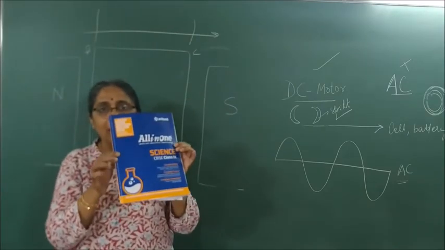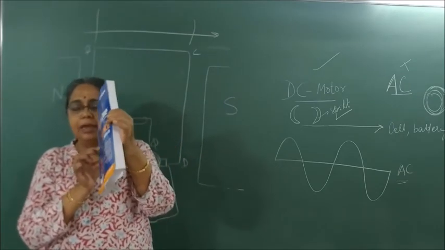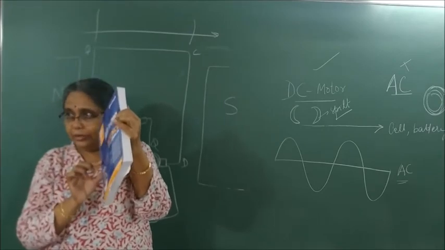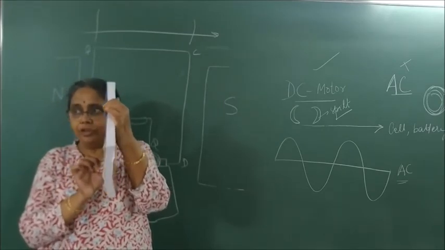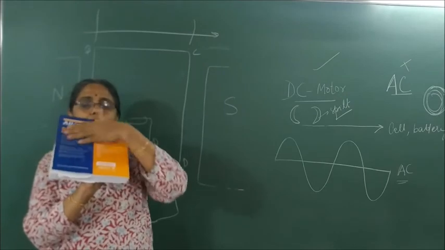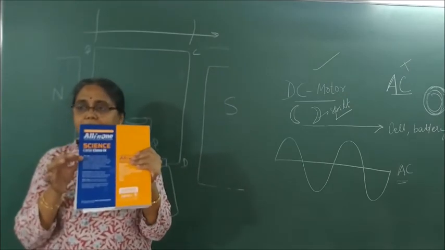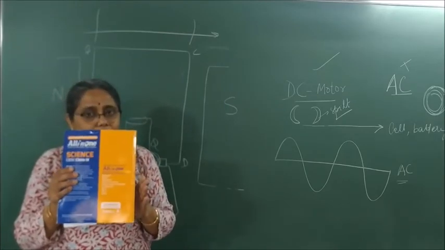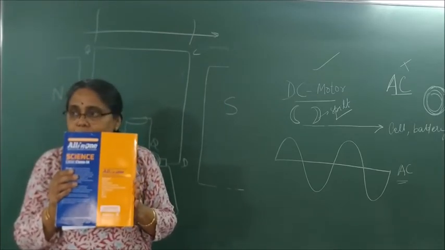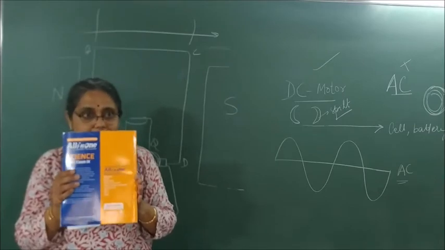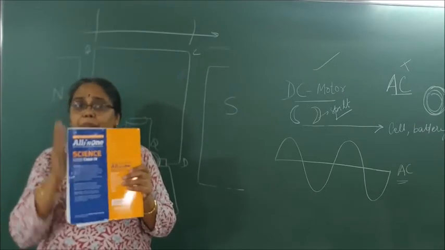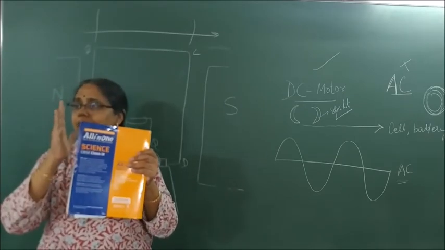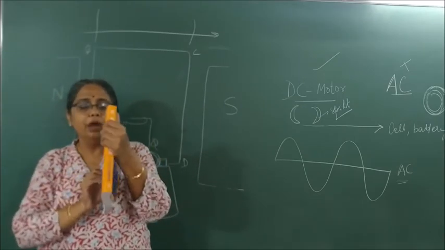So now the arm CD goes up and the arm AB comes down. But due to momentum, it cannot stand at half rotation and falls down. So now arm CD gets connected to commutator P and AB gets connected to Q. So now what will the commutator do? It will change the direction of current. Now AB will have an upward flow of current and CD will have a downward flow. So now AB, how is it moving?